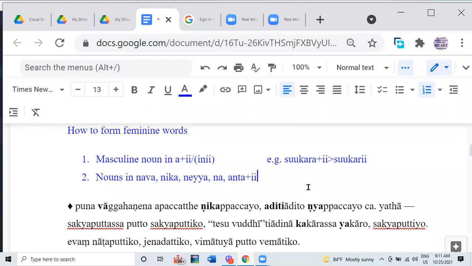No other feminine suffixes are allowed. For example, Vasita plus ī gives only Vasitī, no Vasitinī. In this case, Sukarinī is also possible, but it is rare.